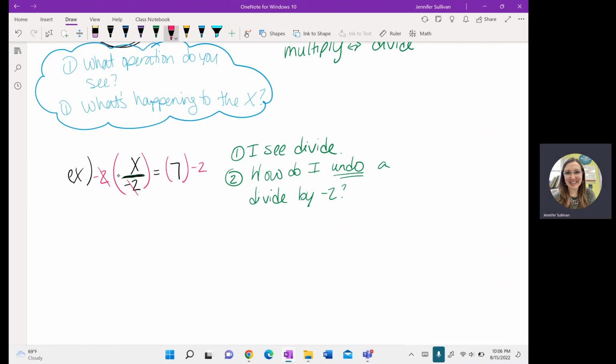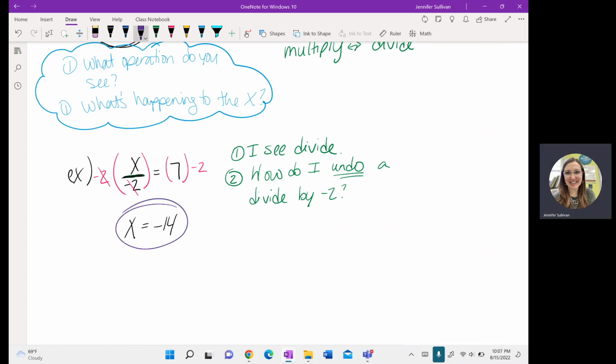And that's because our times by 2 and our divide by 2 cancel each other out. And that means that I get x is by itself on the left-hand side. And then 7 times negative 2 is negative 14. So this is my answer.